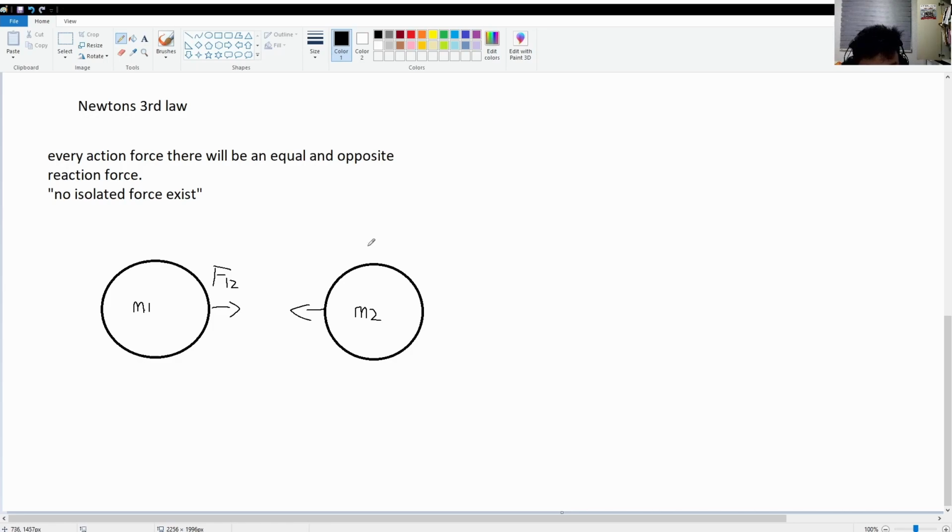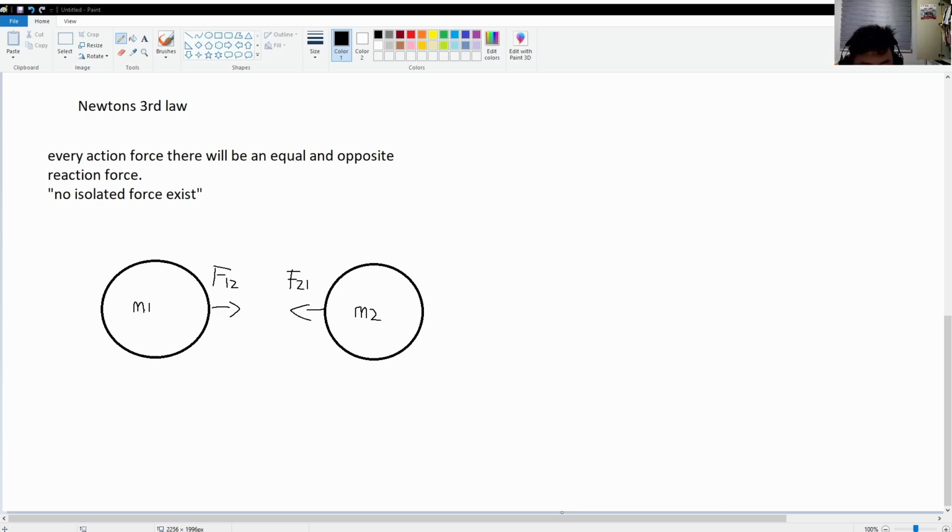And then M2 is trying to pull on M1, but Newton's third law says that you can't just have that one isolated force. There has to be another force, which is F21, which is the force on 2 due to 1.